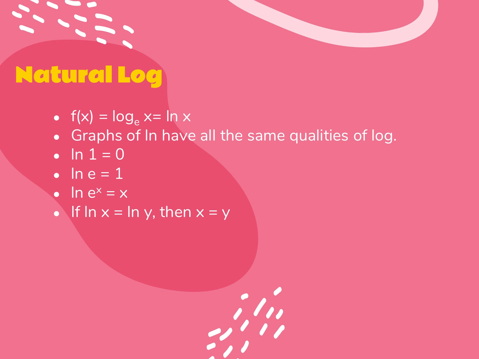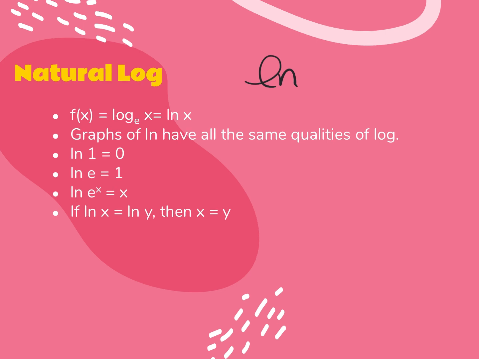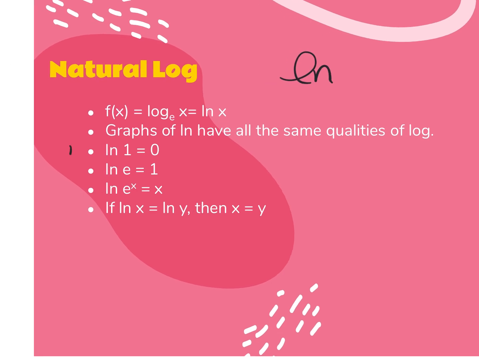Now, notice in here in the notes, this little ln on each of these, that's not an "in", it's an ln. So it's actually ln, and then for the first property, right here, this is number 1, ln of 1 equals 0.